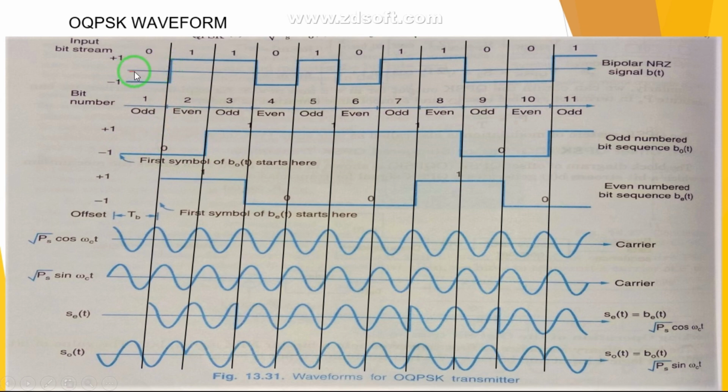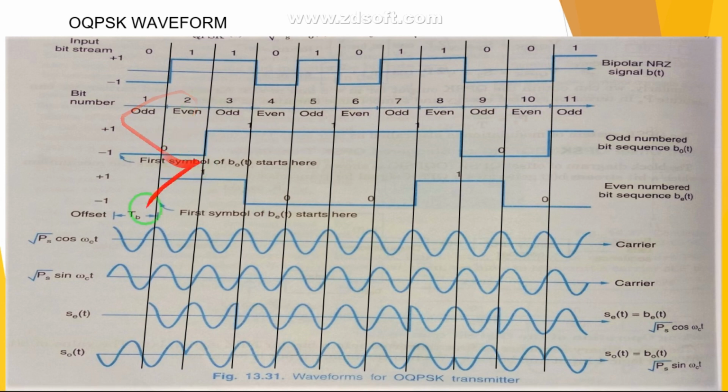Remember, each bit duration is T_B, and each bit in this sequence is held for twice T_B, this plus this. So this duration is known as the symbol duration, that is T_S. Every symbol contains 2 bits.